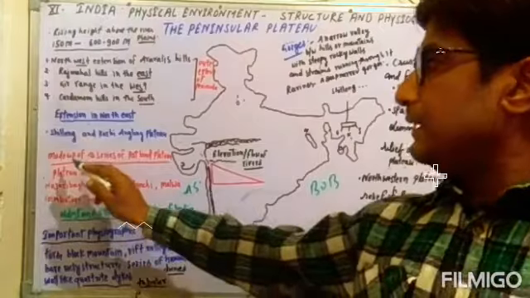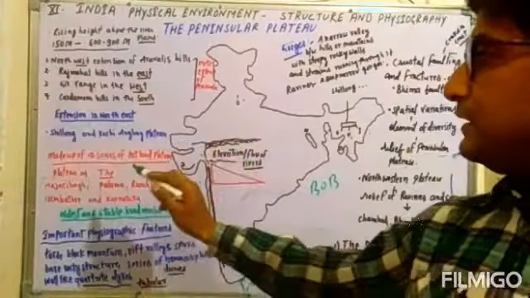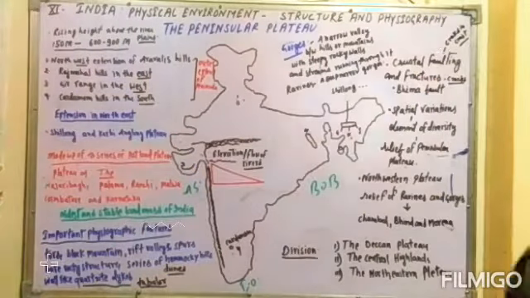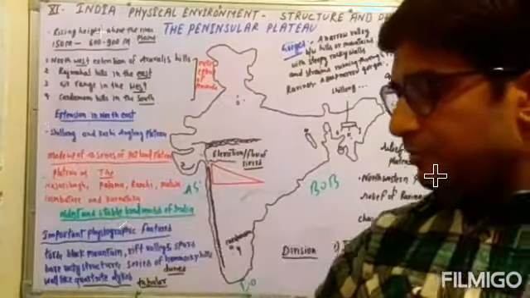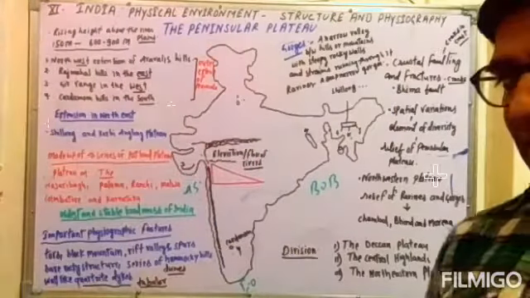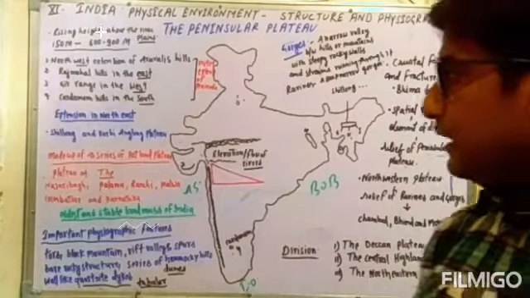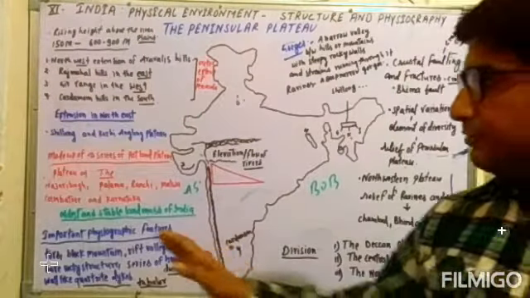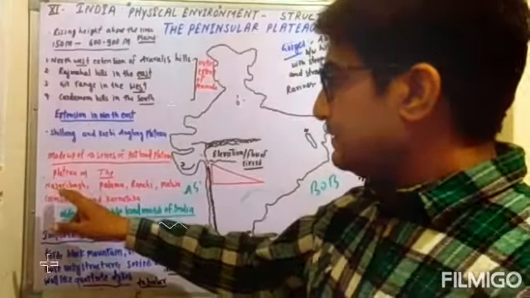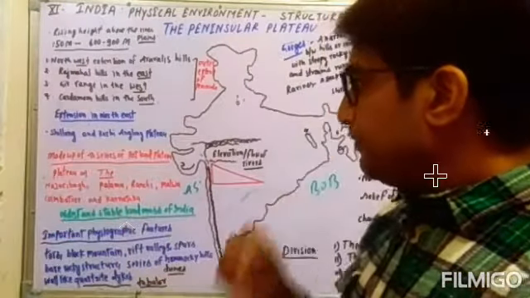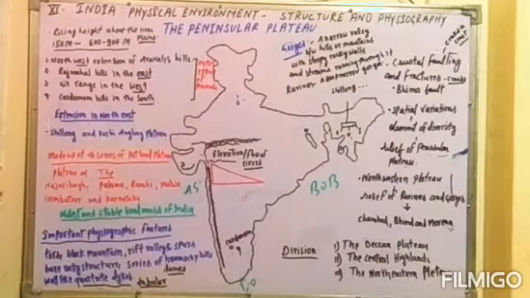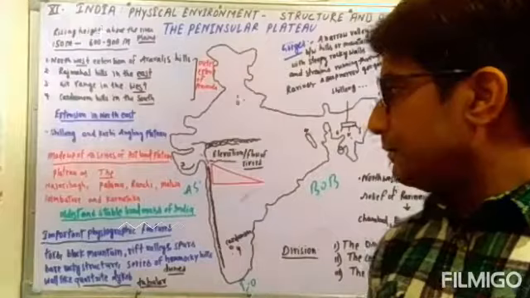The peninsular plateau is made up of a series of plateaus, tabular forms of structure. There are many examples, such as the Hazaribagh Plateau, the Palamau Plateau, the Ranchi Plateau, the Malwa Plateau, the Coimbatore Plateau, and the Karnataka Plateau.